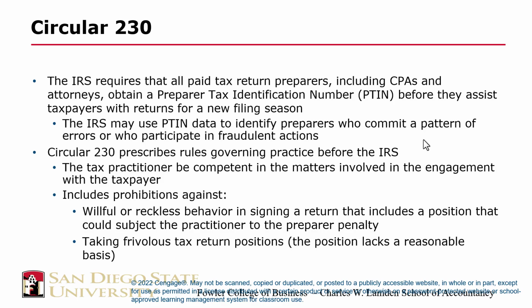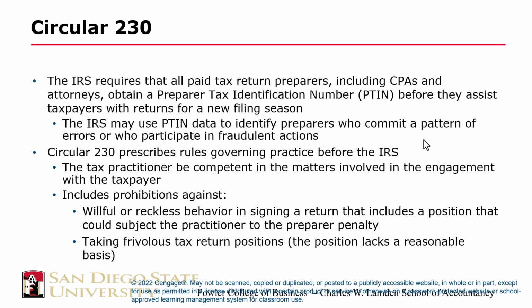Right, they do. They make mistakes, but when you see a habitual pattern, we used to joke that there was an office where they'd have a file on particular preparers, and they'd stick away a little memo or report that said, "Hey, we noticed this person did this," and then once your file got big enough, they might come after you. But now that there's a PTIN that they can associate you with, it's actually a little bit easier.